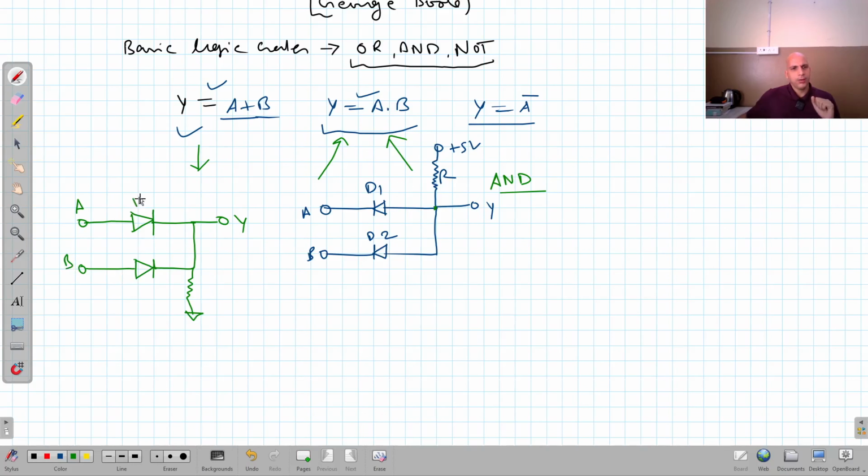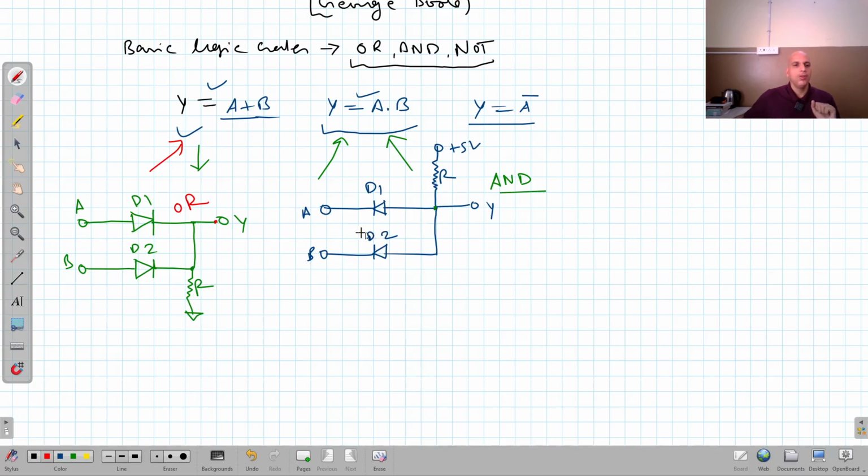This is diode D1, this is diode D2. This is virtual ground and this is resistance R. So this is the basic circuit that does the OR operation. But we need two PN junction diodes and a resistance only, whereas in the AND case we need two PN junction diodes, a resistance and a supply voltage.